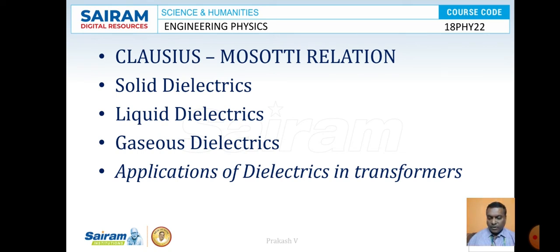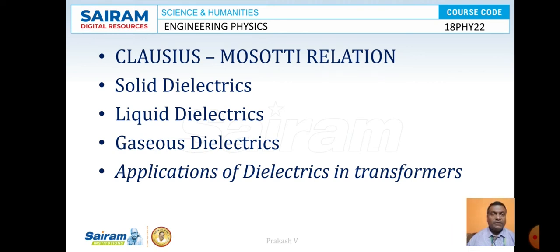Ionic polarization happens in ionic compounds such as sodium chloride, where the ions get displaced in the direction of the applied field. In orientation polarization, the molecules with permanent dipole moment get oriented in the direction of the applied field.